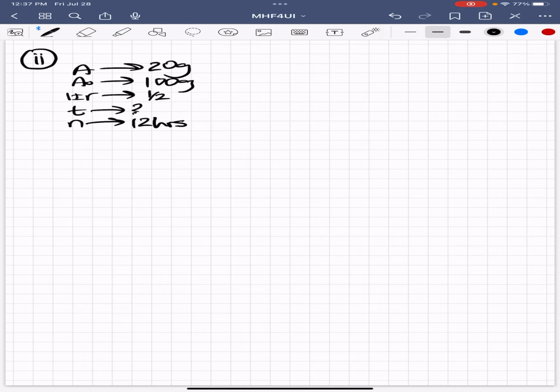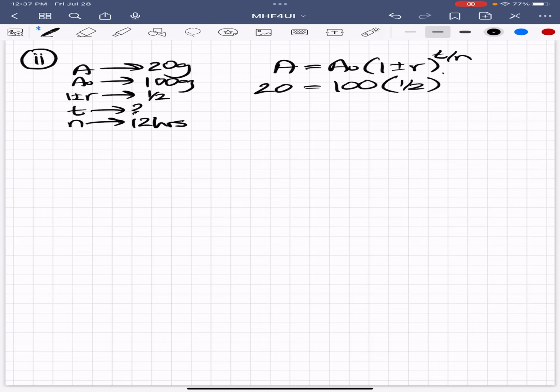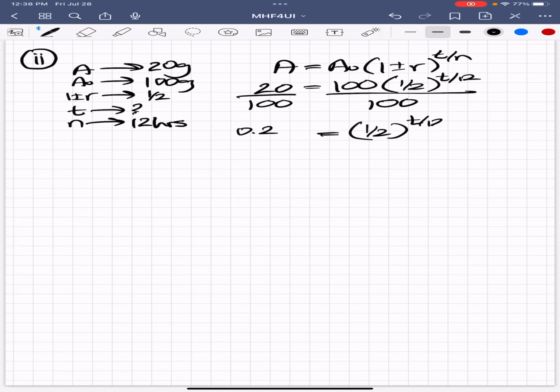So now we're solving for T. Remember, we usually solve for A or T. So we're going to log both sides.